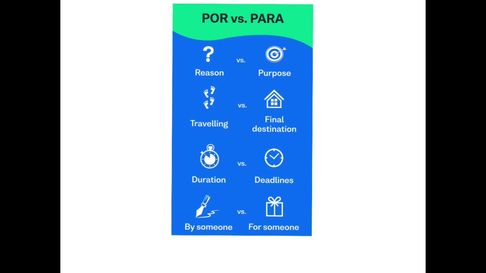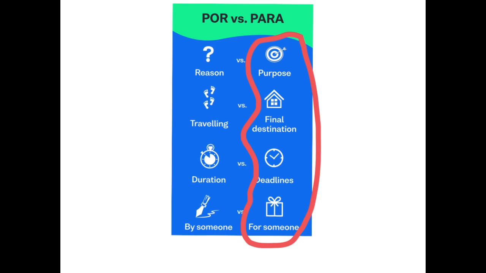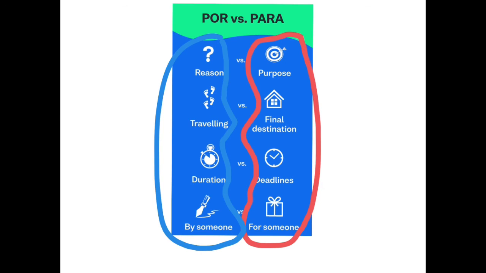Okay, so here's an infographic you could also use for por versus para. So para would be all of these things, if we're trying to keep the same color coding. And por would be these things, which is kind of what we went through with the acronyms. Dumbest, as por is used for reasoning, traveling, duration, or if you're saying it's by someone.